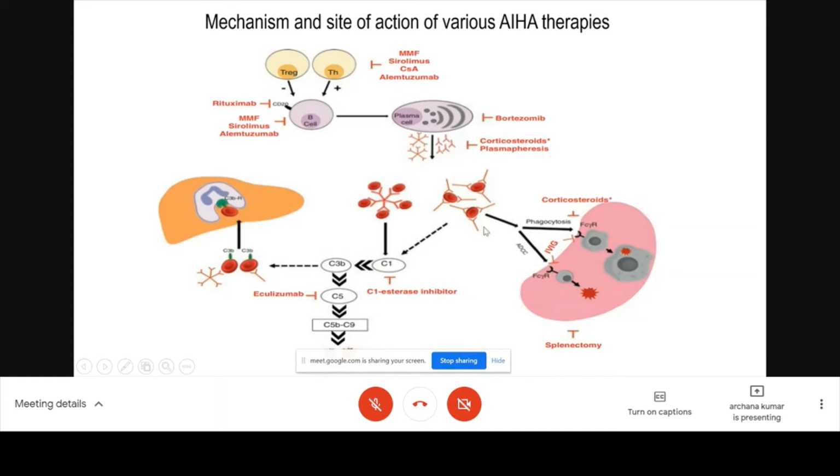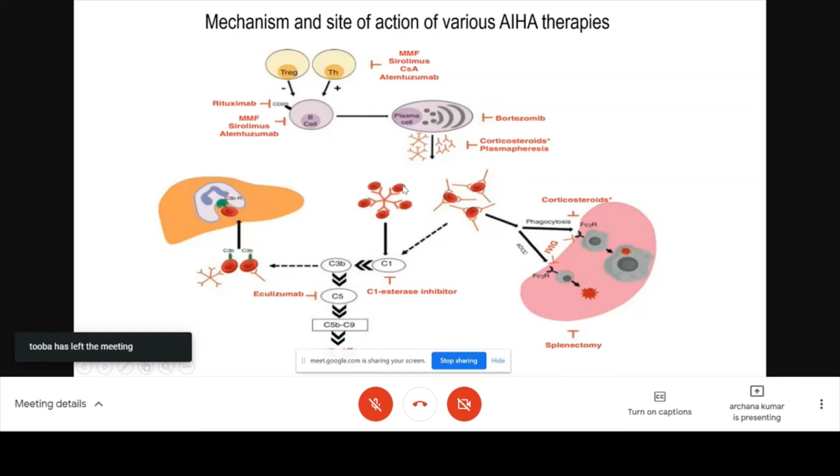Then when we're talking about the IgG mediated one, which is mainly happening in the spleen, this may be phagocytosis at the FcY receptors of the spleen, which will be inhibited by corticosteroids to some extent. IVIG will also be acting here in this scenario.